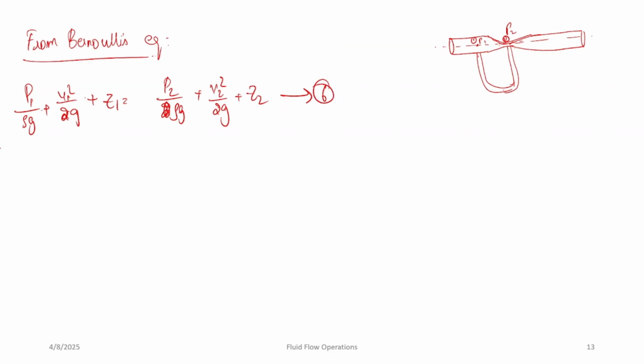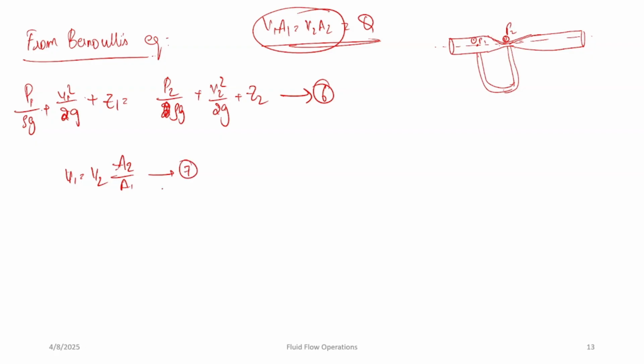We also know that V1 A1 is equal to V2 A2, because this is again equal to Q. So from this, V1 is equal to V2 into A2 by A1. This is equation number 7. As they are at equal height, Z1 equals Z2, so these two get cancelled out.